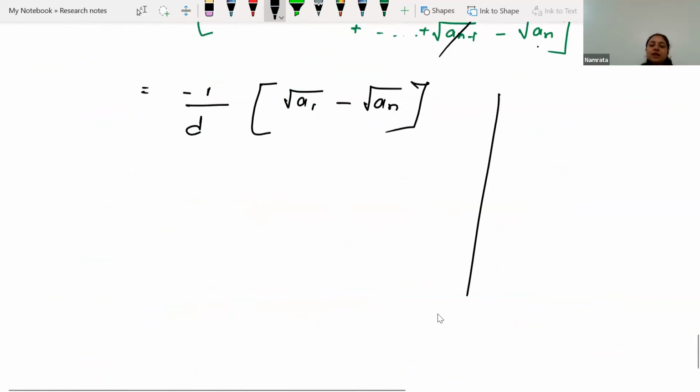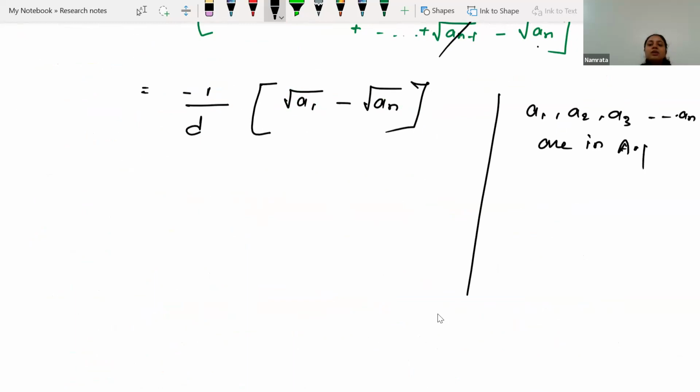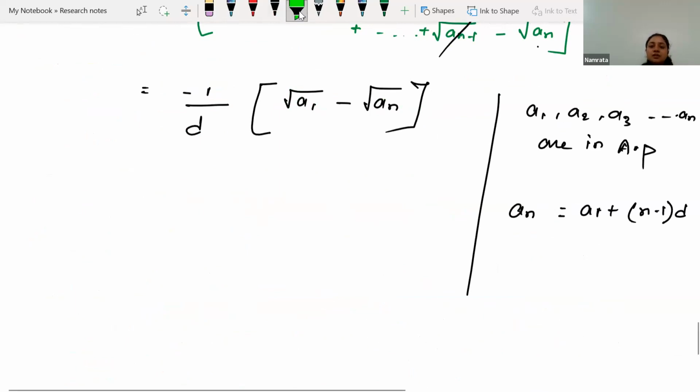Now if a1, a2, a3, up to an are in AP, then how can we write the nth term? The nth term will be an is equal to a1 plus n minus 1 into d, right, Lena? Yes, ma'am. If we keep these two on one side, why are we doing so?